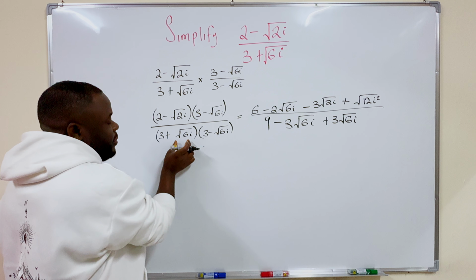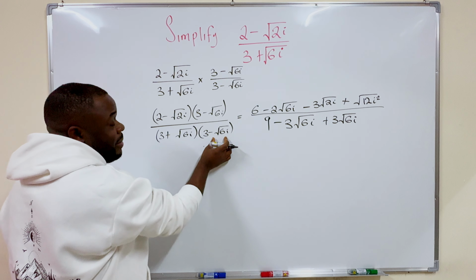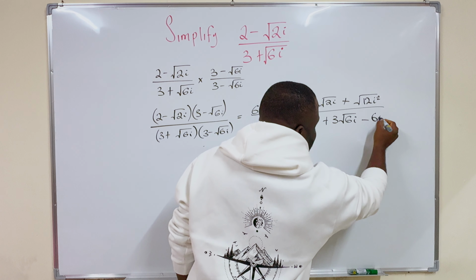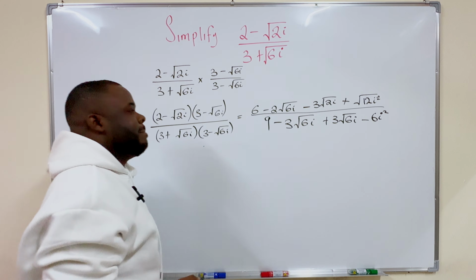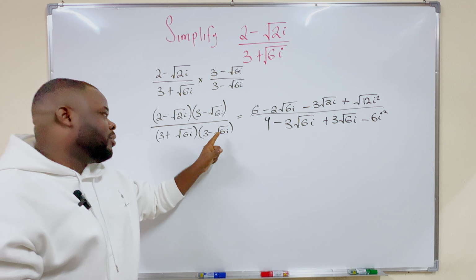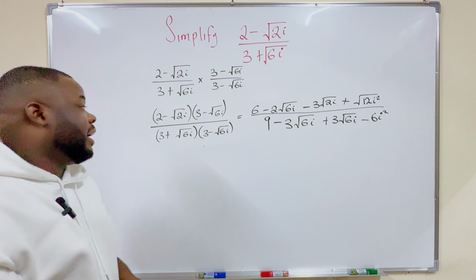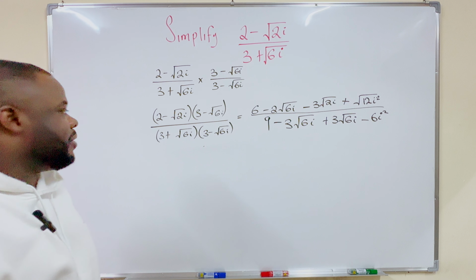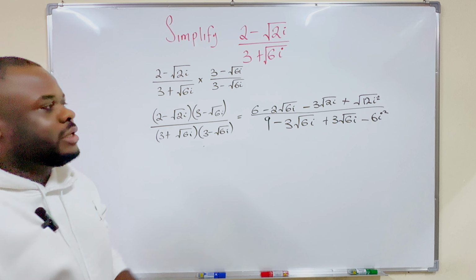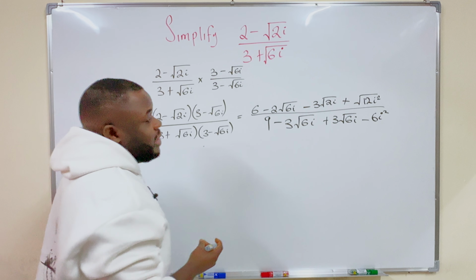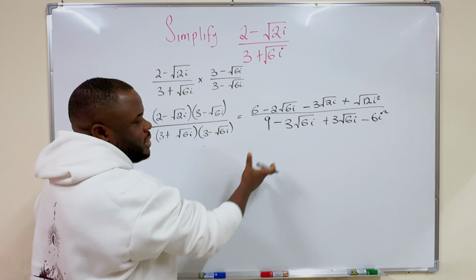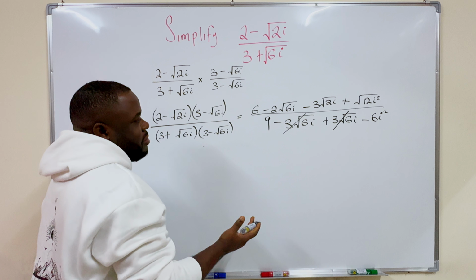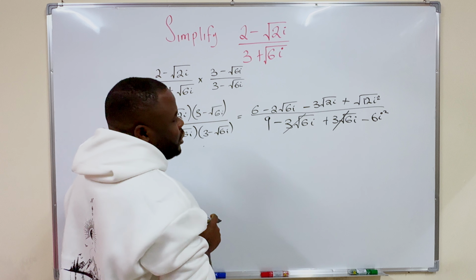Then square root of 6i multiplied by negative square root of 6i is going to give us negative 6 i squared, because anything inside a square root multiplied by itself gives you that thing, then your i squared. So basically what we are going to do now is simplify. This can easily cancel out this, because they cancel each other out.